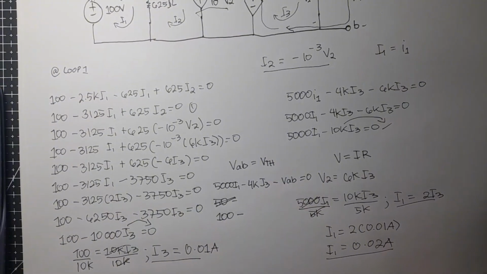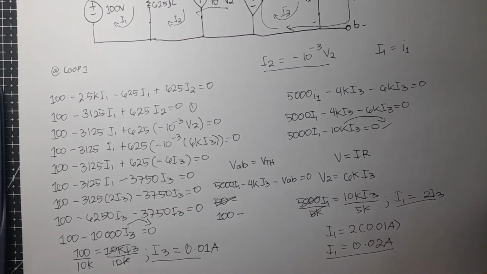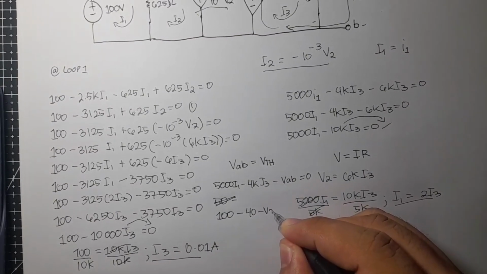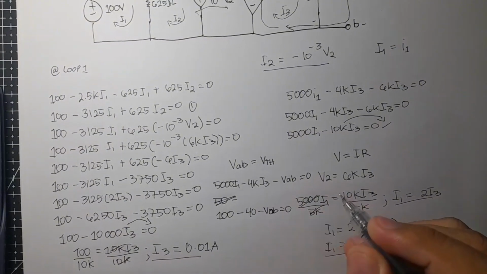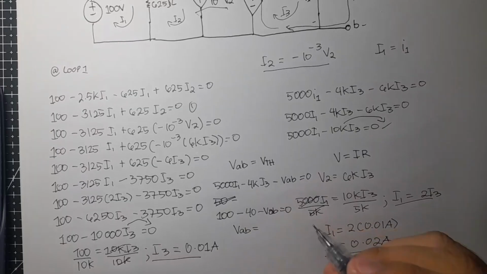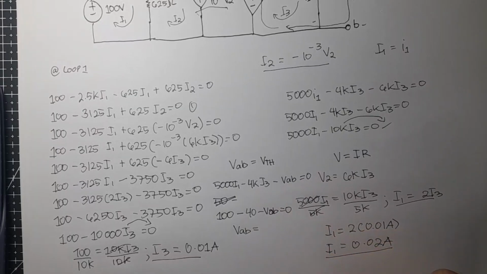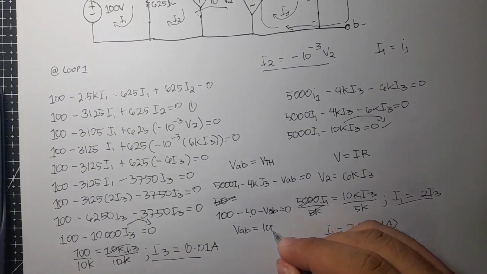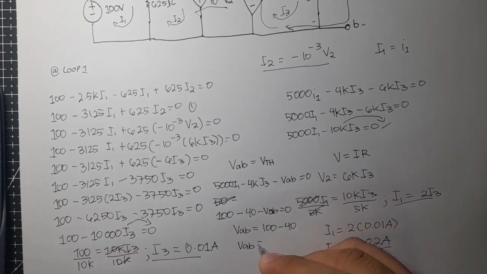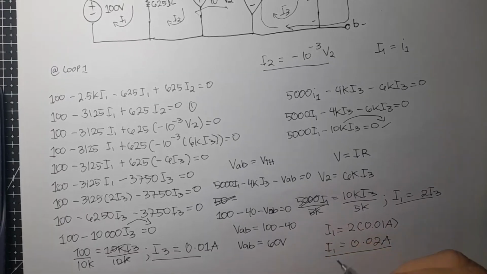I3 is 0.01, 40, minus VAB is equal to 0. VAB is equal to 100 minus 40, which is VAB equal to 60 volts.